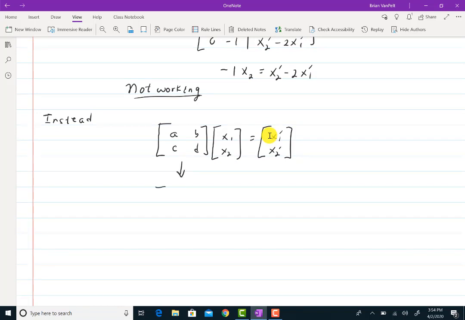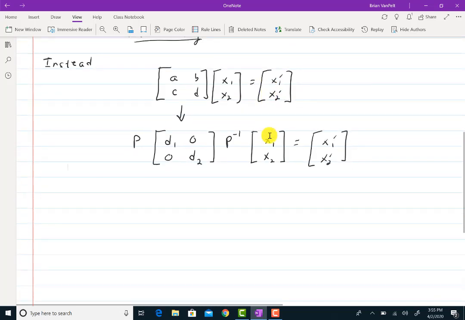If it's diagonalizable, I'll be able to put in its place a diagonal matrix as such. Unfortunately, there's some baggage that comes along with it. I'll get a matrix P that's attached to it and a matrix P inverse that is attached to it. And the other side is still x1 prime, x2 prime.